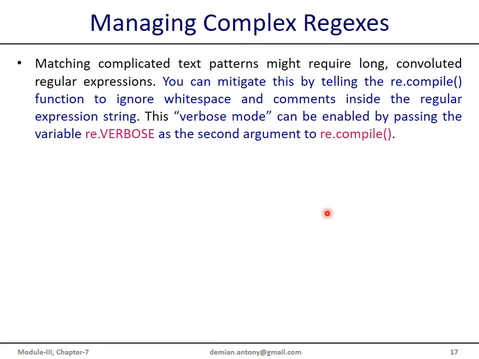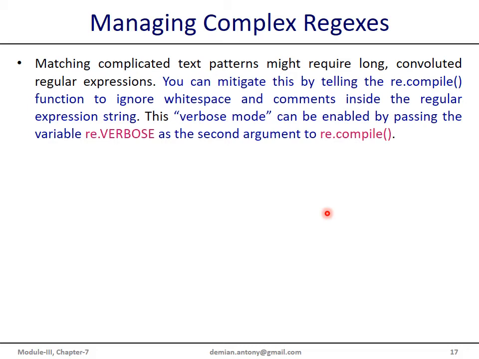Managing complex regular expressions. If you have complicated text patterns to be recognized, in that case we'll be having a lengthy regular expression in a single line, and it is very difficult for the programmer to read and understand these lengthy regular expressions. To make the regular expressions readable, we have a special option in the compile method.